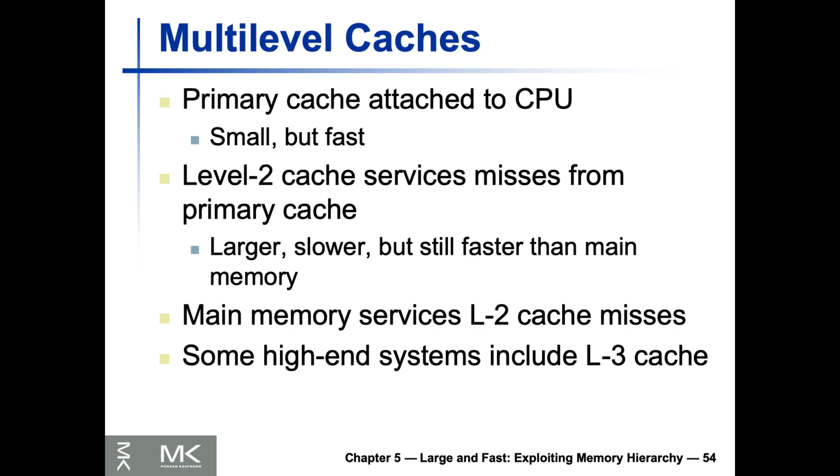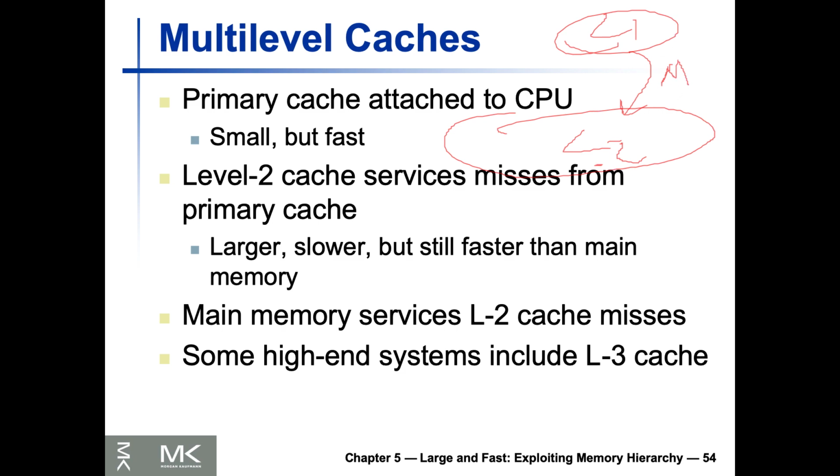Also, this is just for one level of cache, assuming this was only L1. You might have multiple levels of cache. That's why we call it a memory hierarchy. You might have L2 after L1 or L3 after L2. So how are we going to define the miss rate and the average memory access time? If you didn't find something in L1 and you go down to L2, you are paying a price of a miss rate and miss penalty.